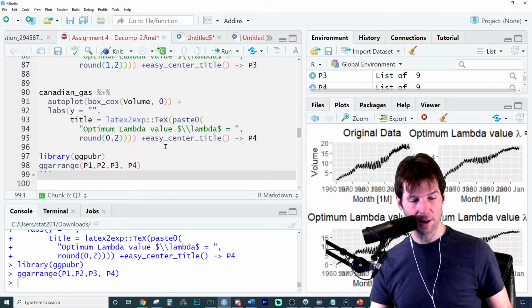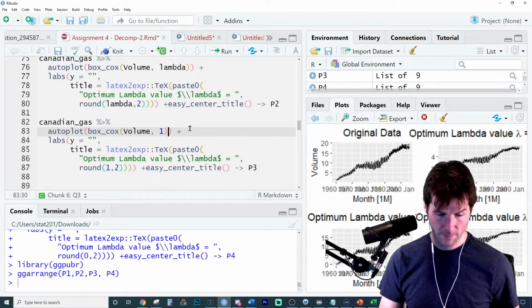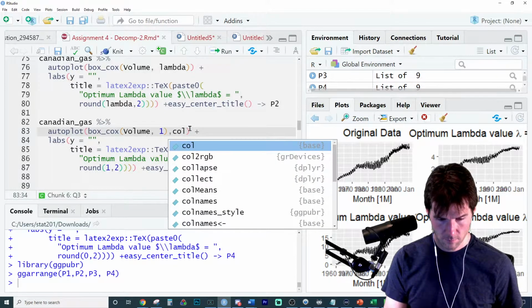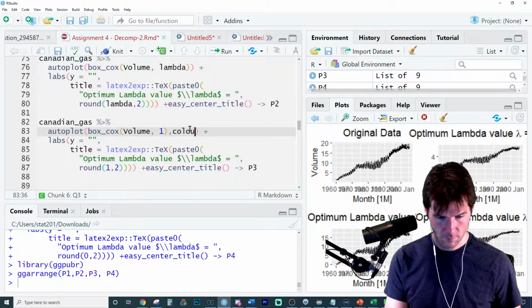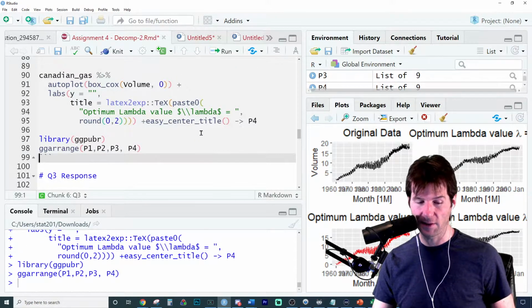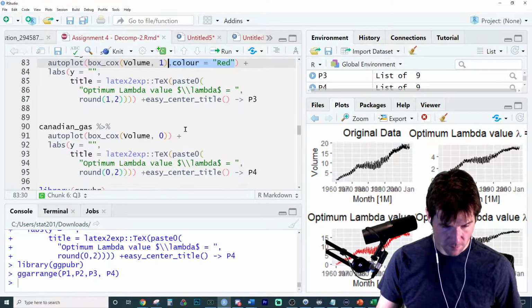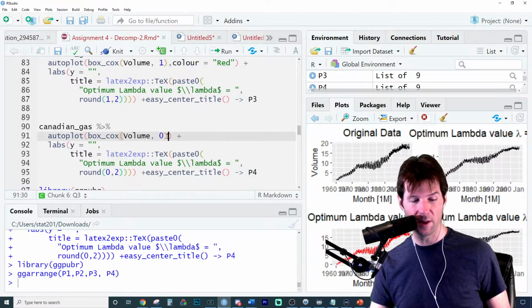One last thing. Can I change the autoplot color? I should be able to. Autoplot. Ooh. Yes. Yes. Of course. You gotta have different colors.